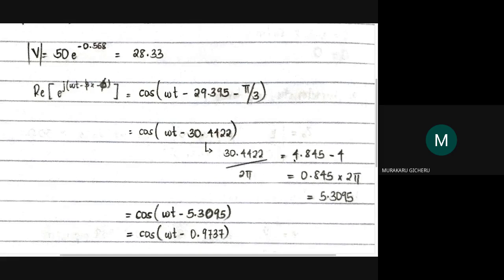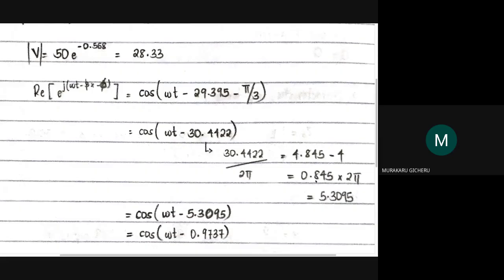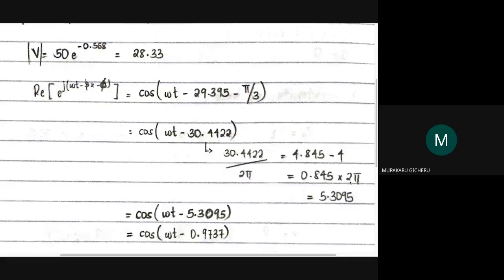To find the displaced angle, the angle that is less than 2 pi, you just remove the one that's not complete, which is 0.845 of a revolution. To find what that revolution is in radians, you multiply it again by 2 pi, and then you get 5.3095.